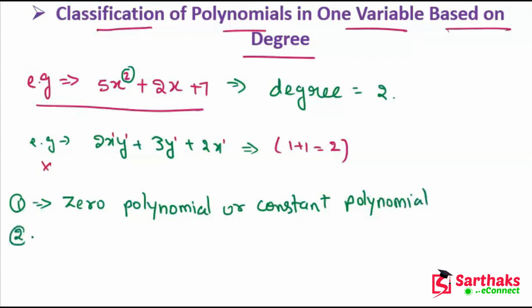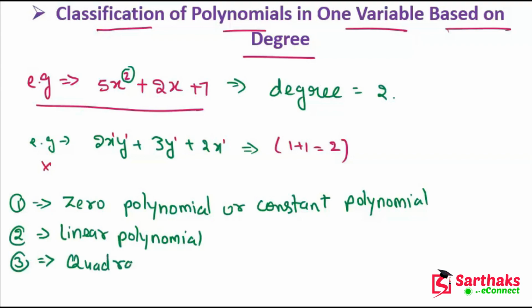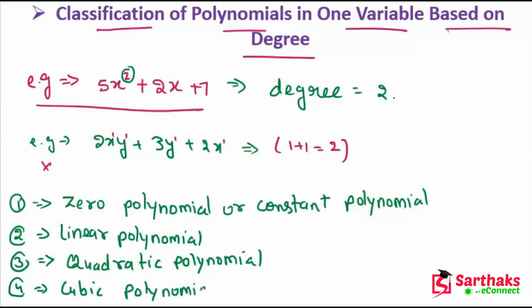Second is linear polynomial. Third is quadratic polynomial. And last, fourth is cubic polynomial. I hope you understand these things. So now let's see each of the types one by one.